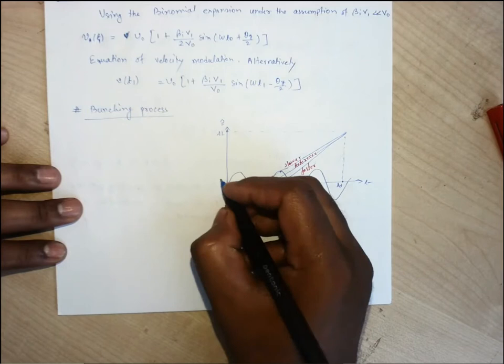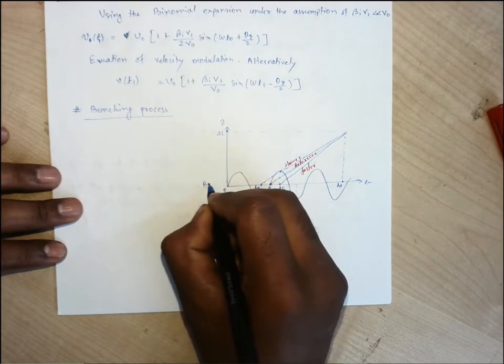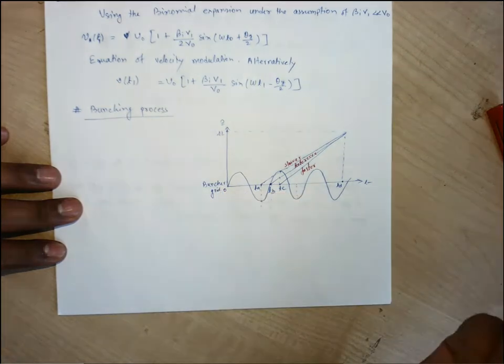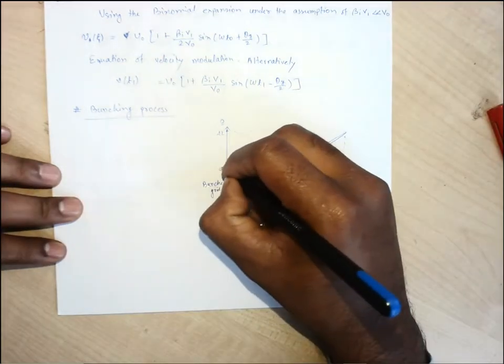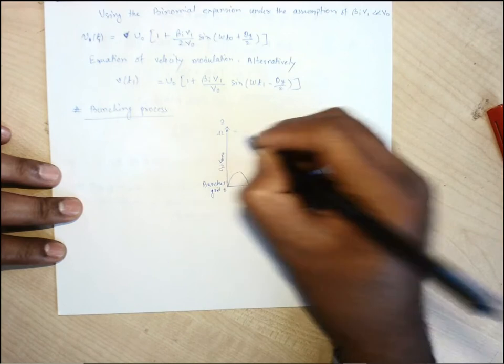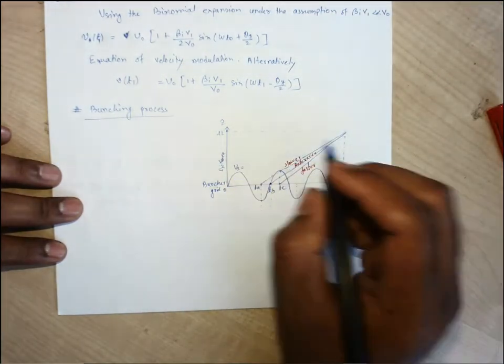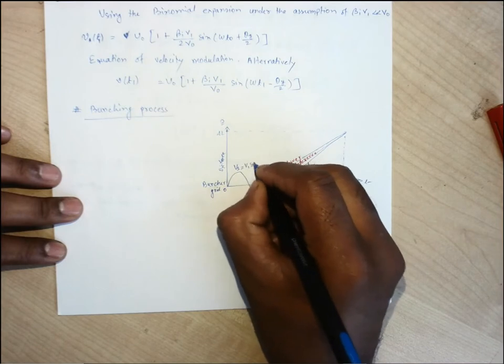It is the buncher grid. I am just coming back to that. This is the location of the buncher grid. This is the distance. This RF signal is V1 sine omega t.